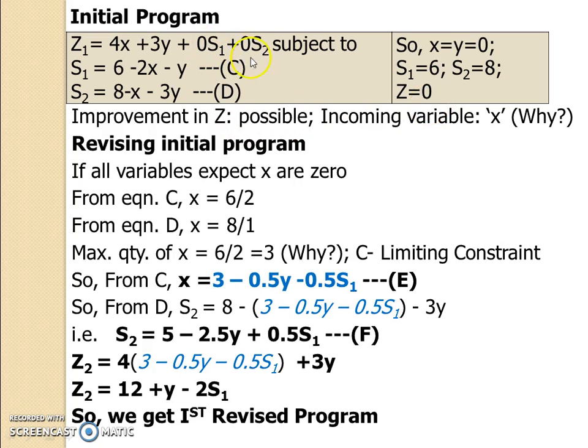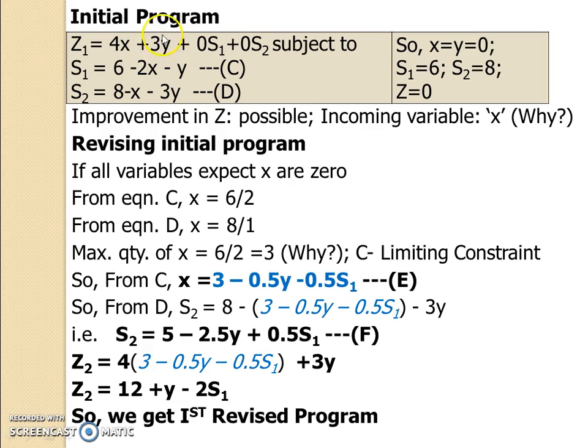Now we have to decide whether improvement in the program is possible. We can take help of the objective function. I am going to call it Z1 for the initial program, which is similar to the one that we had written earlier for the standard form. Then we can conclude that if 1 unit of x is brought in the program, there will be an improvement by 4 units.